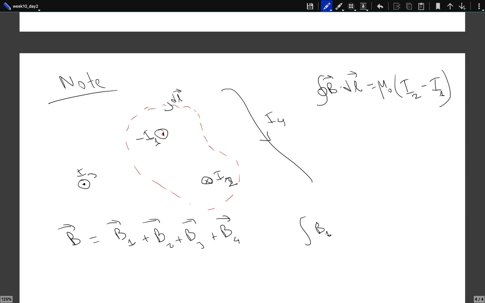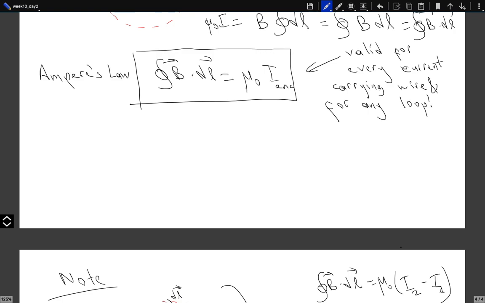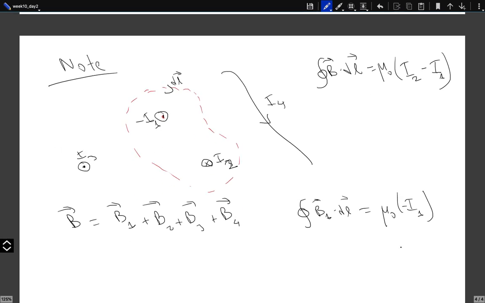Now, the integral of B1 dot dl around our loop will be mu0 times minus I1, because if there was only I1, the magnetic field would be B1, and this is my Ampere's law. The loop contains my current I1, so this is what my Ampere's law tells me.